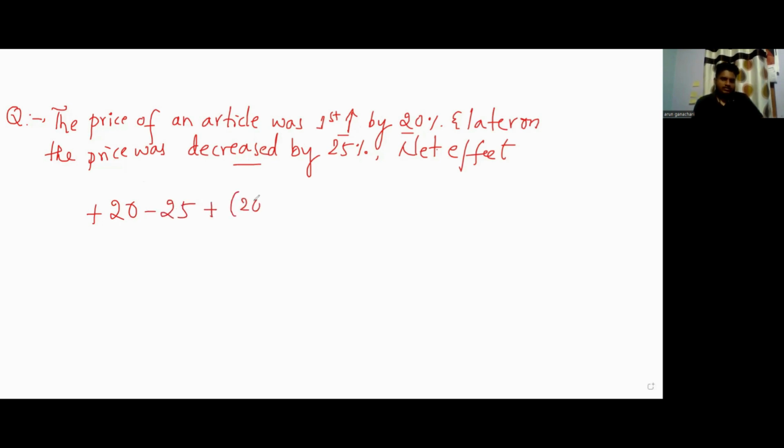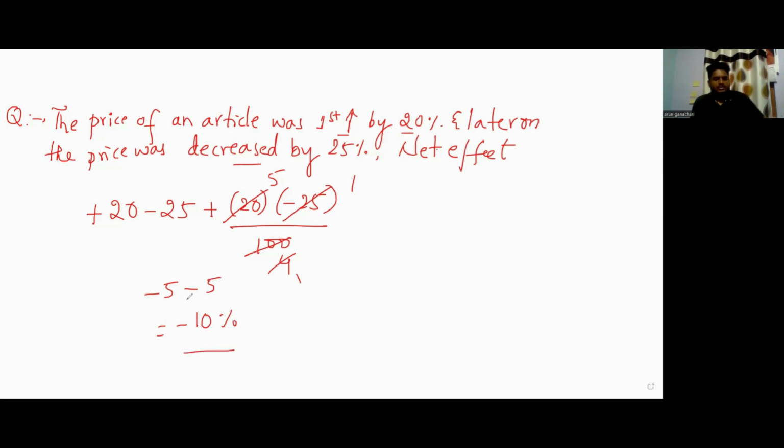Plus 20 minus 25 divided by 100. 25 ones are 25, 4 fives are 20. What is 20 minus 25? Minus 5. And plus 5 into minus 1 is minus 5. Minus 5 and minus 5 will give me minus 10%. That means a 10% decrease.